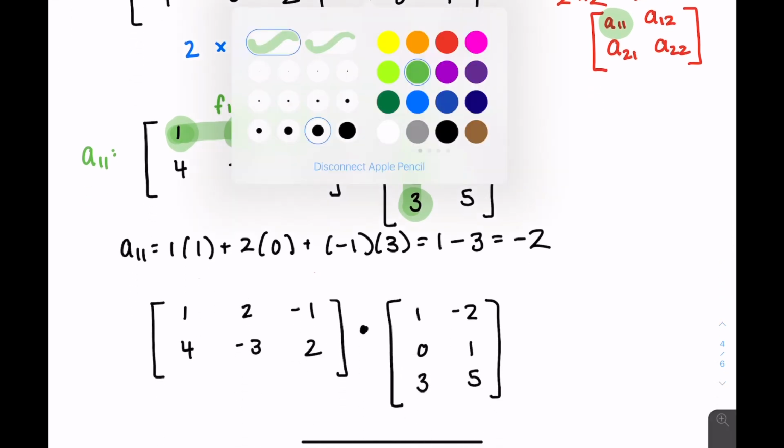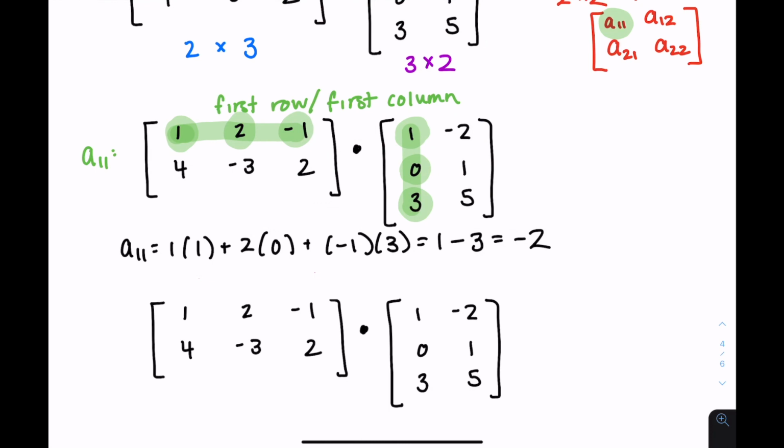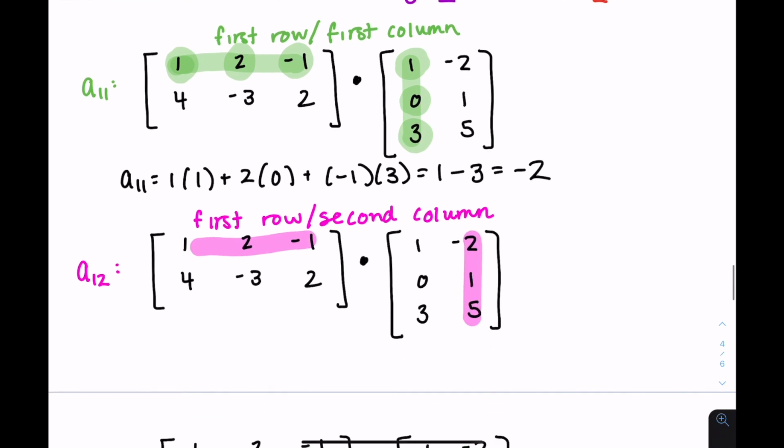Now to move on to my next piece, which is A12. That 1 stands for the first row, the 2 stands for the second column. So I'm going to go ahead and locate the first row and the second column, and we'll repeat this process of multiplication.